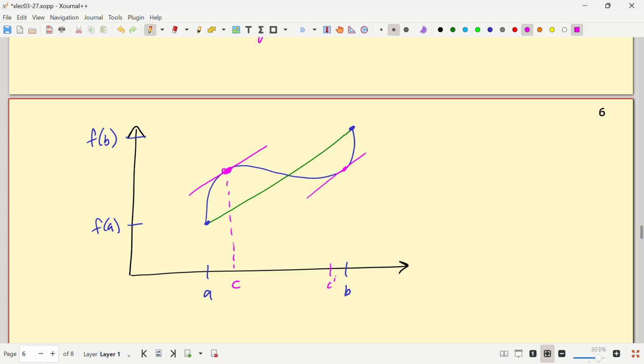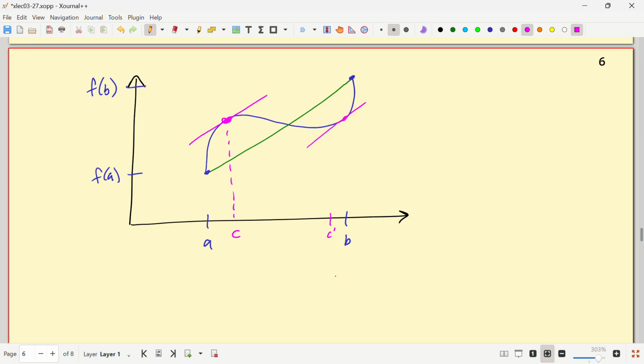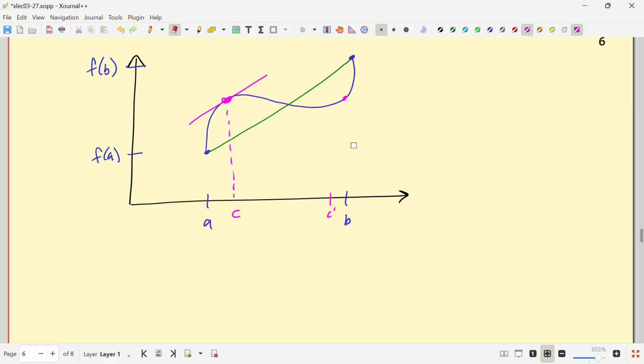If I was going to demonstrate this, I'm not going to do the gory details that the book does. Think about turning Rolle's theorem sideways. This is the distance from Rolle's theorem right here. I'll make it orange. That perpendicular distance right there.